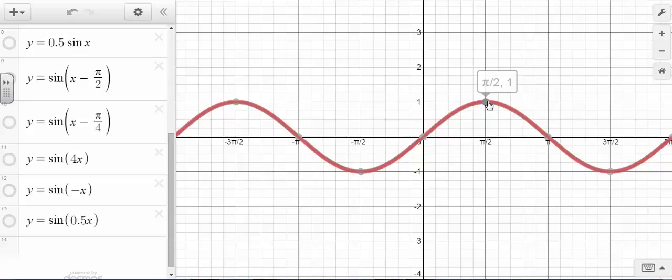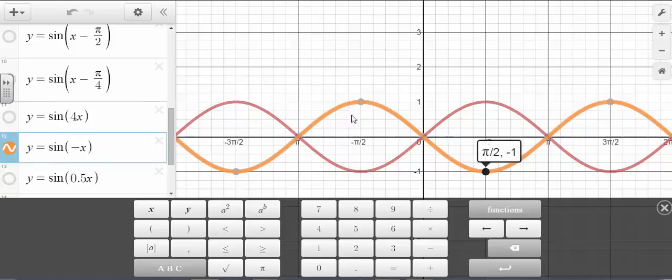So instead of having a y value of 1 here, I'm going to have a y value of negative 1 right there, and so that means that the negative x will mirror my image through the y-axis. So hopefully that helps a bit.